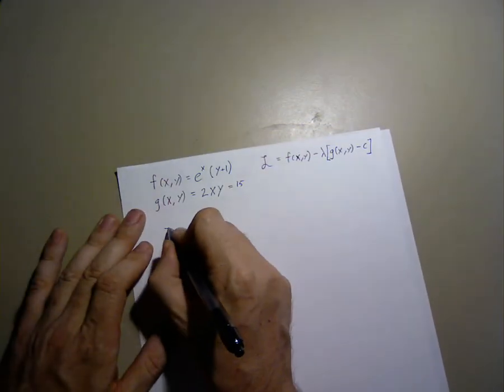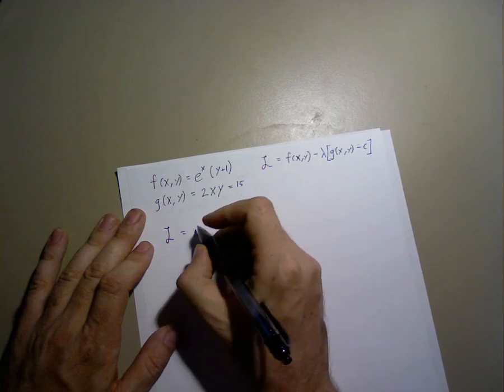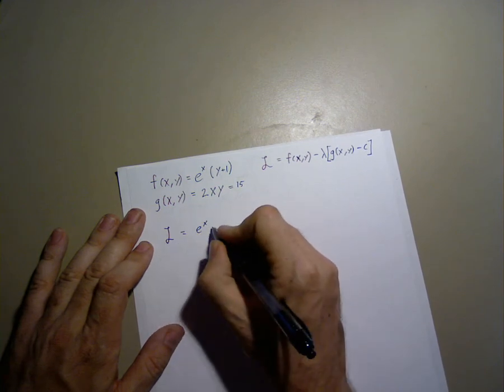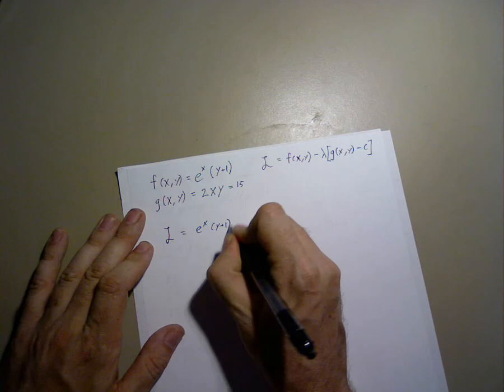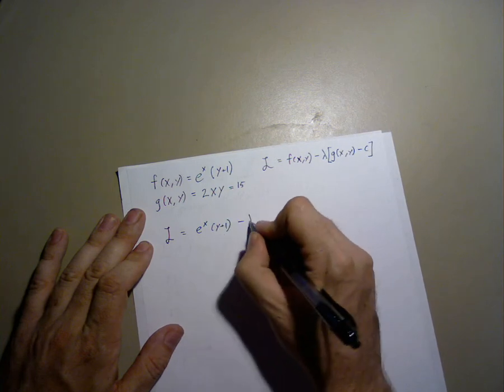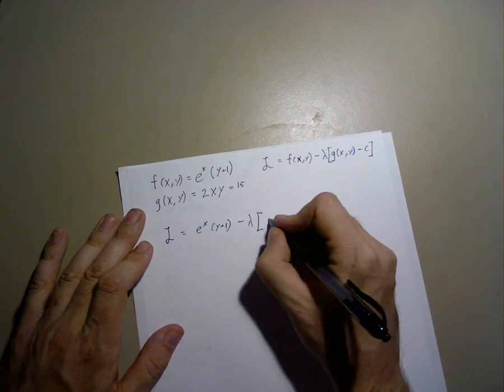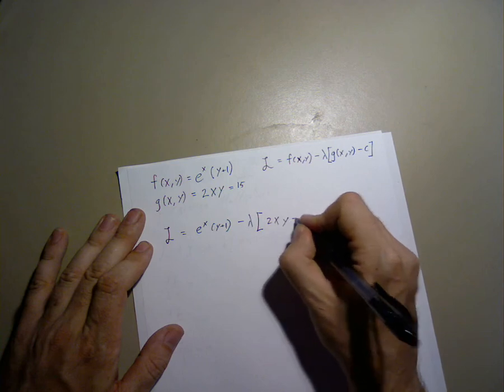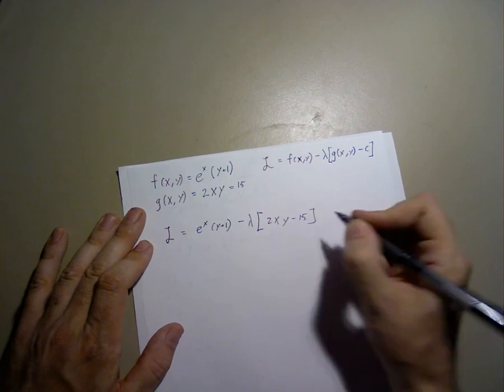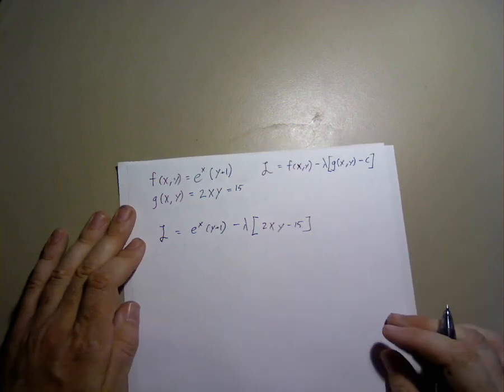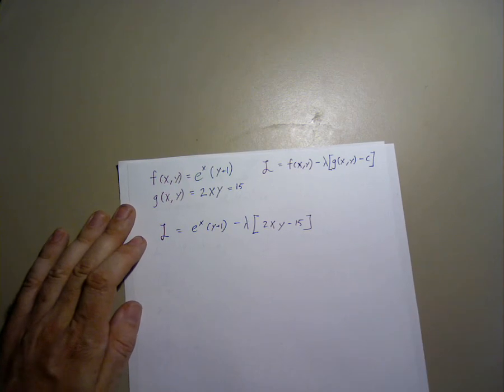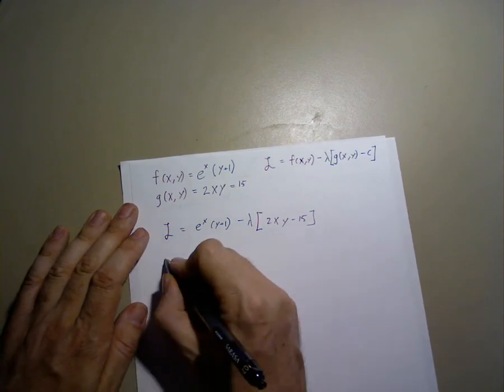So we get e^x y + y + 1 minus lambda (2xy minus 15), close bracket. Now we take the partial x derivative.